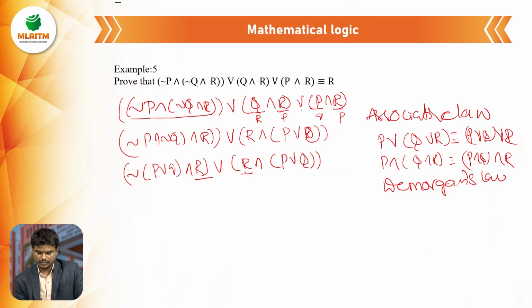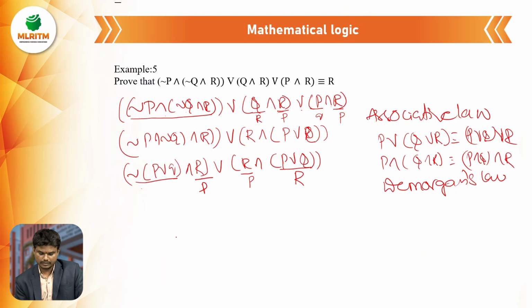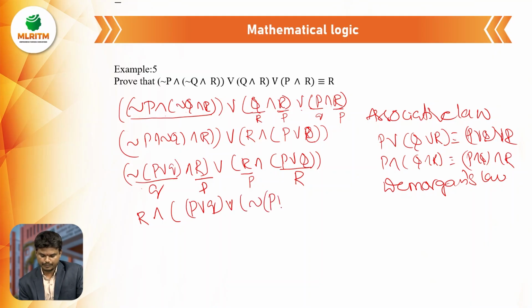Again we observe that R is common. Take R as P, and (P ∨ Q), ¬(P ∨ Q). So R ∧ ((P ∨ Q) ∨ ¬(P ∨ Q)).